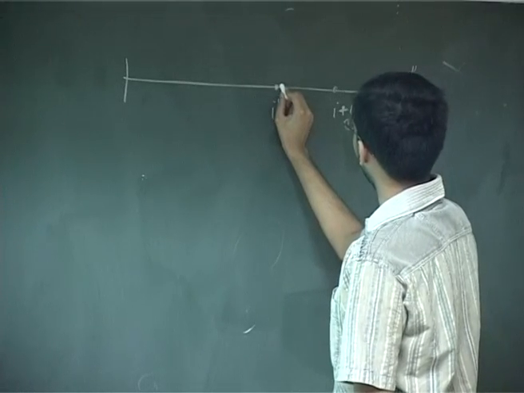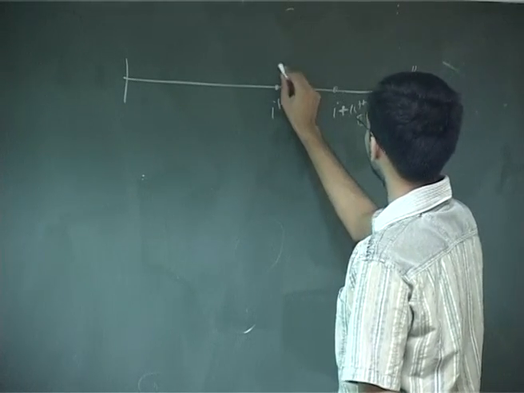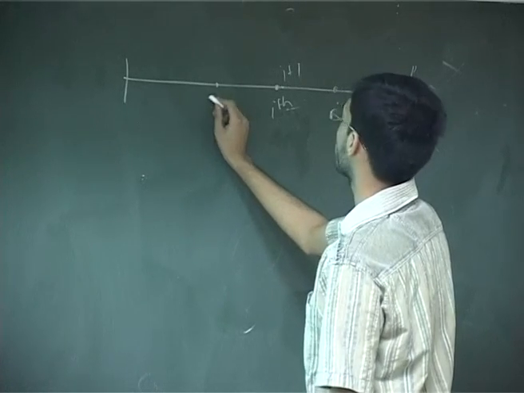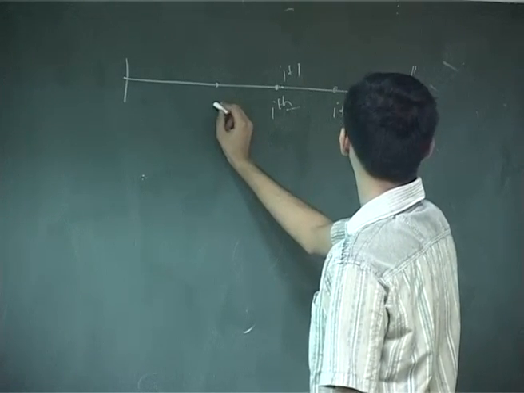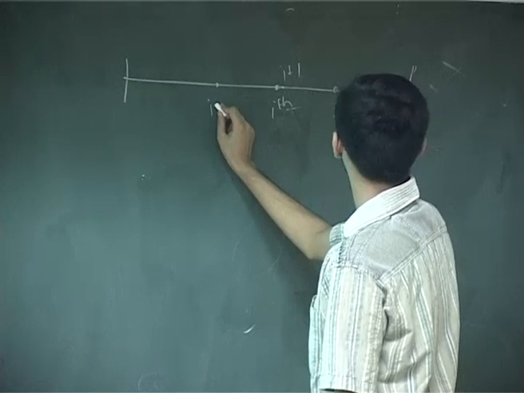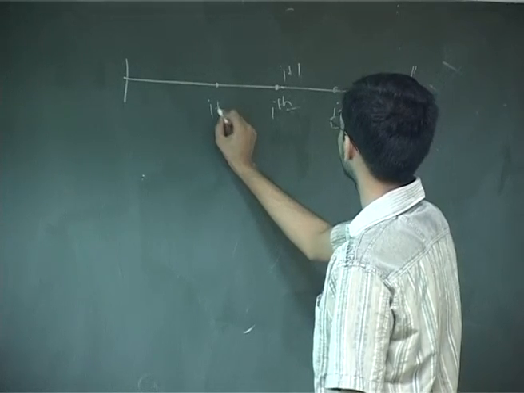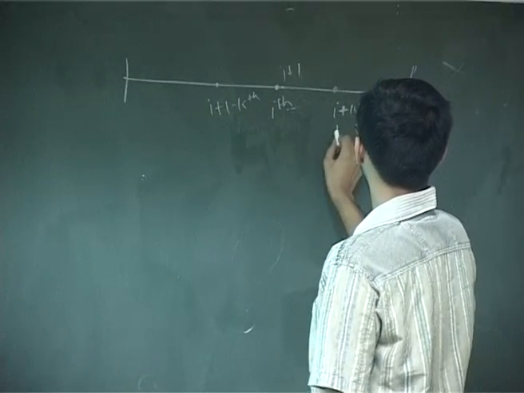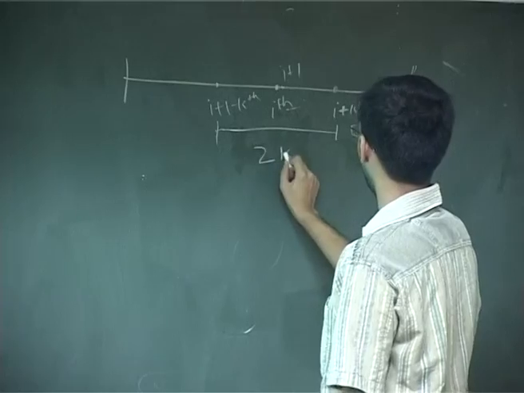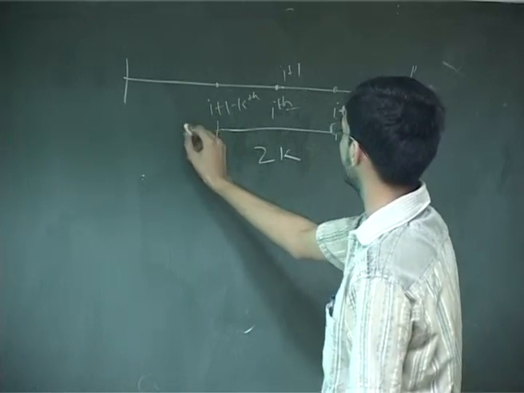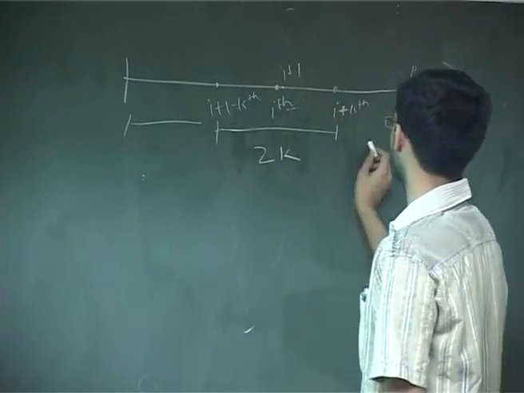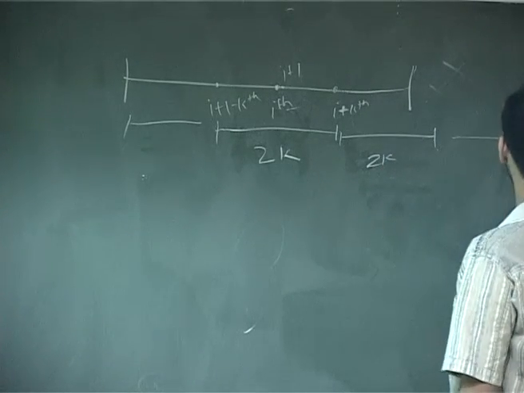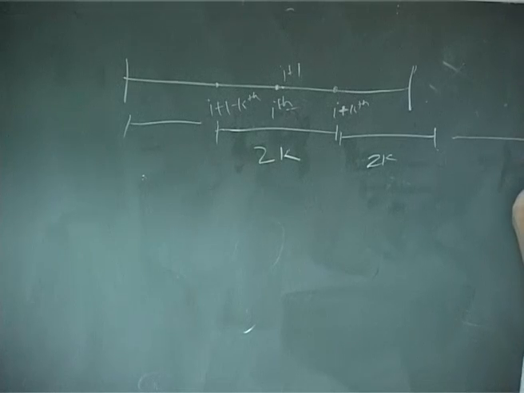Now, an element greater than it, that is i plus 1, can be at max at the i plus 1 minus kth position. So after distance 2k from any element, all the elements remaining here are less than this element, and similarly after distance 2k, all the elements remaining here will be greater than that element.